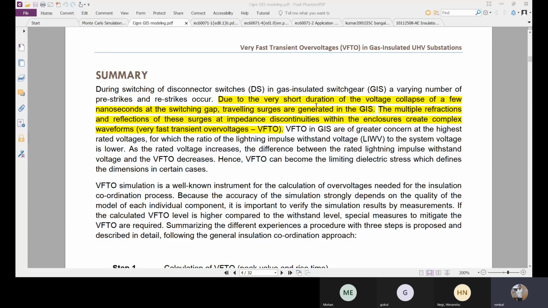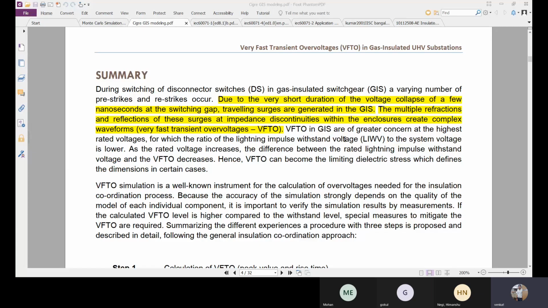The main generator of VFTO is the disconnector, but other things also cause it, like circuit breaker opening and closing action, and the occurrence of a fault inside the GIS.